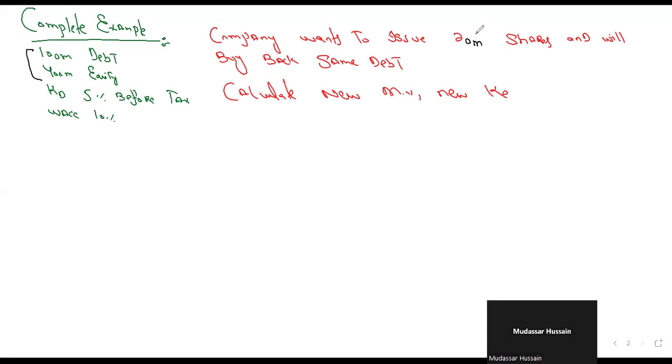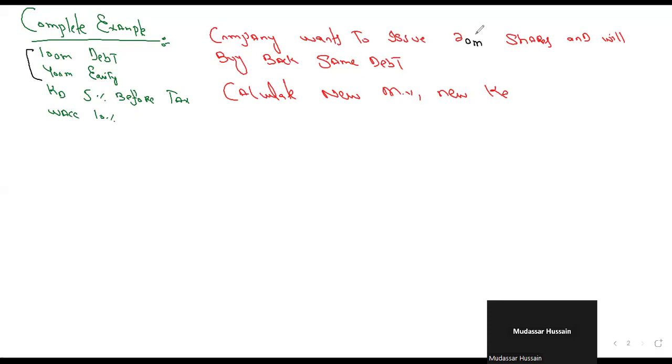When the company buys back the debt, it will still be a geared company. But remember, as the gearing levels are changing, the risk is being changed.